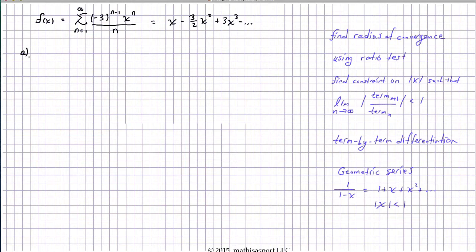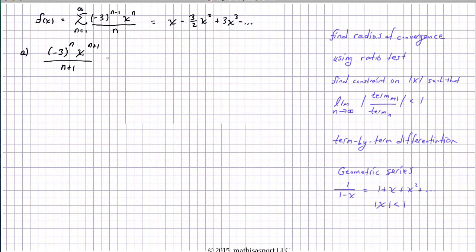So let's write the n plus first term over the nth term. So we'll write -3. The n plus first term takes us from n minus 1 up to n, x to the n plus 1 over n plus 1.